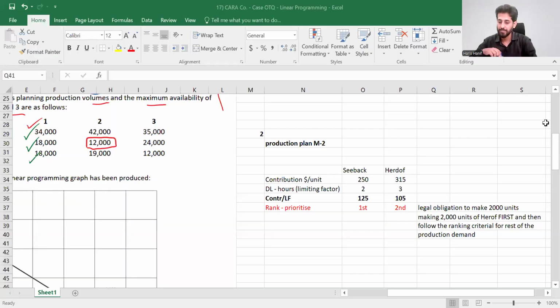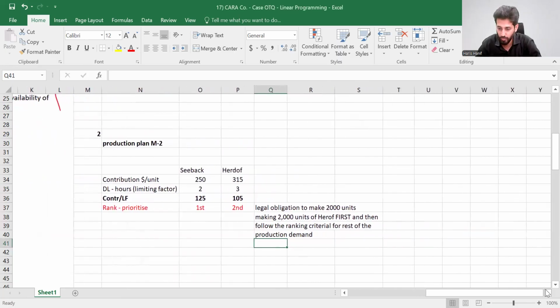So now we have to produce Heard of first and then move towards the next.